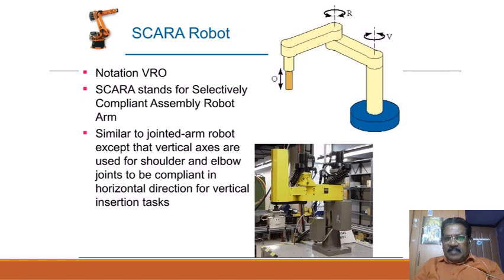The name itself implies that SCARA stands for Selectively Compliant Assembly Robo Arm, and it is very similar to the jointed arm robo, except that the vertical axes are used for shoulder and elbow joints to be compliant in the horizontal direction for vertical insertion. We want to do a vertical insertion, so this hand moves in the horizontal in one plane. So it's much easier.